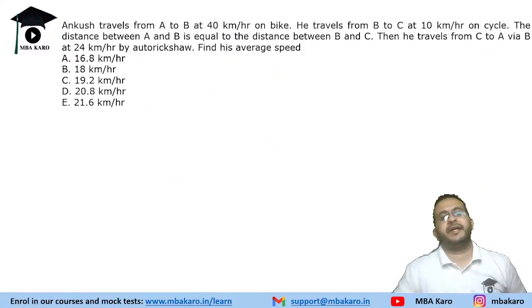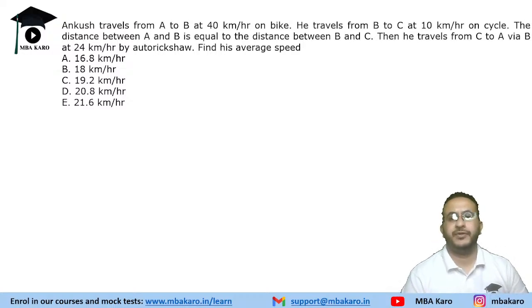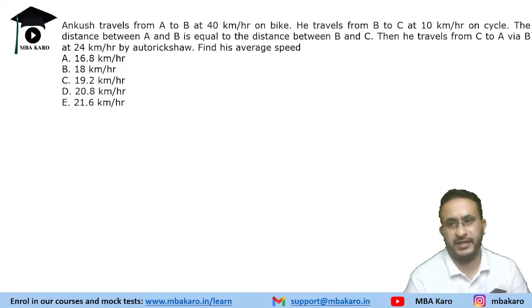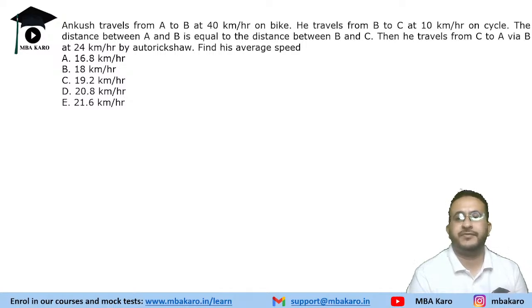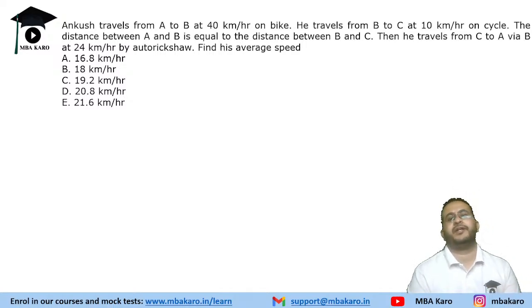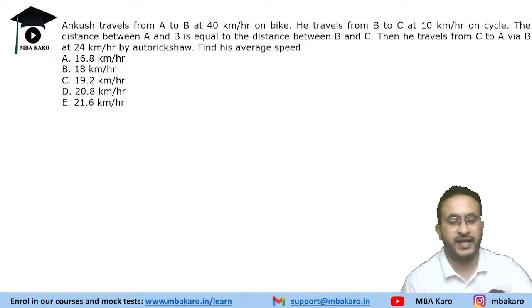Ankush travels from A to B at 40 km per hour on bike. He travels from B to C at 10 km per hour on cycle. The distance between A and B is equal to the distance between B and C. Then he travels from C to A via B at 24 km per hour by auto rickshaw. Find his average speed.